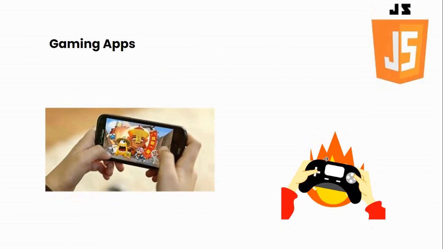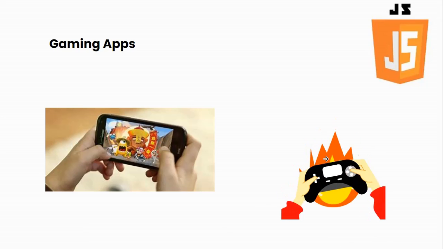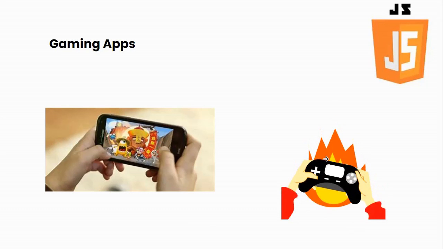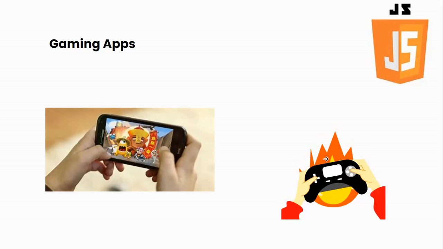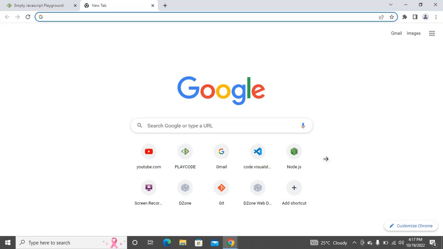So now coming to the actual point, where does JavaScript run? Actually it runs in web browsers. I'll show you that. Just open any web browser, right click and choose the option inspect, and on the right-hand side of your browser you are going to get some options: elements, console, sources, network.